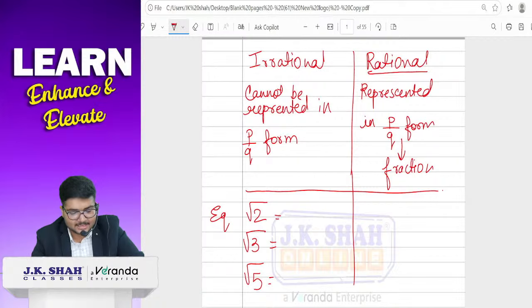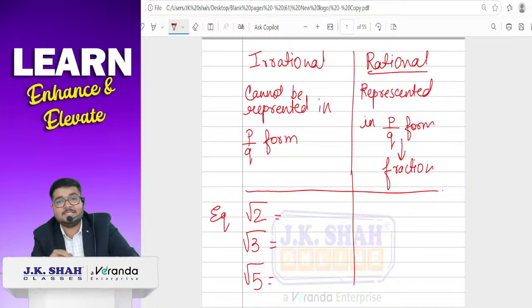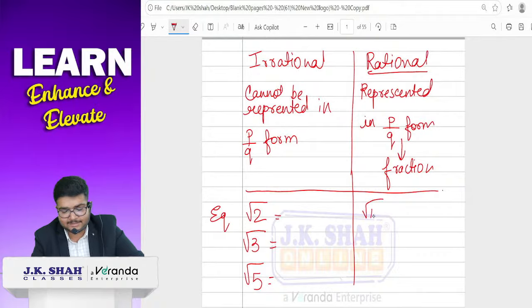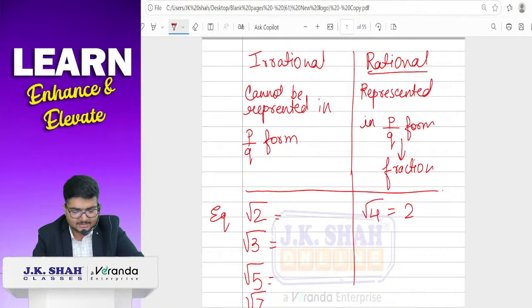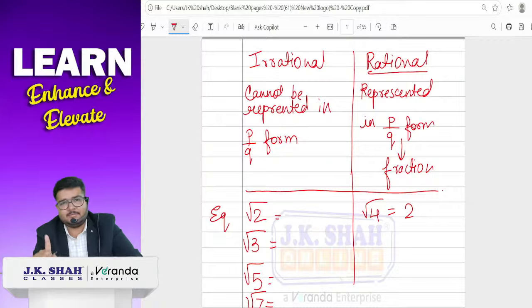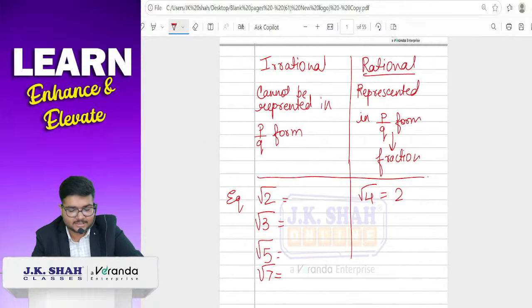These numbers are irrational numbers. Why? Because this cannot be solved. Now root 4 can be solved, right? The answer is 2, and that is why it is not an irrational number, it will be a rational number. Any number which cannot be solved, for example root 7, this number cannot be solved. So any number inside the root, but the answer should not come, it cannot be solved. If we are not able to solve it, then those numbers are irrational numbers.